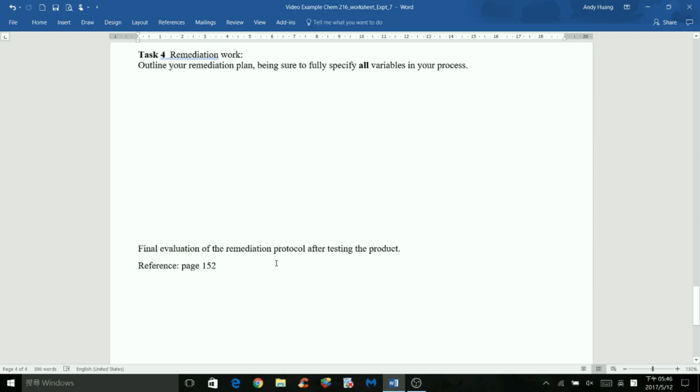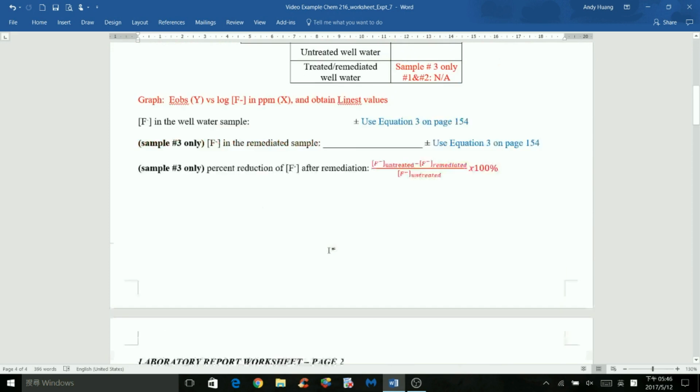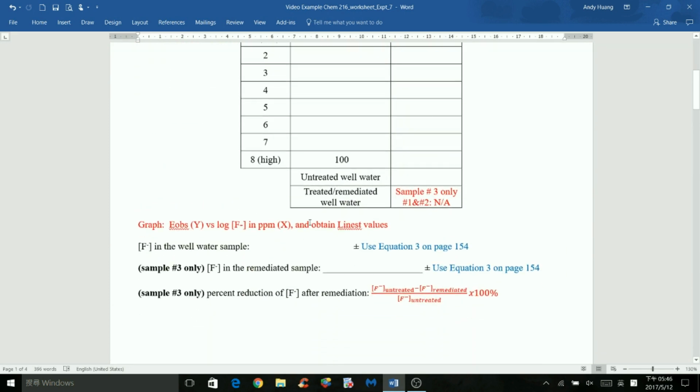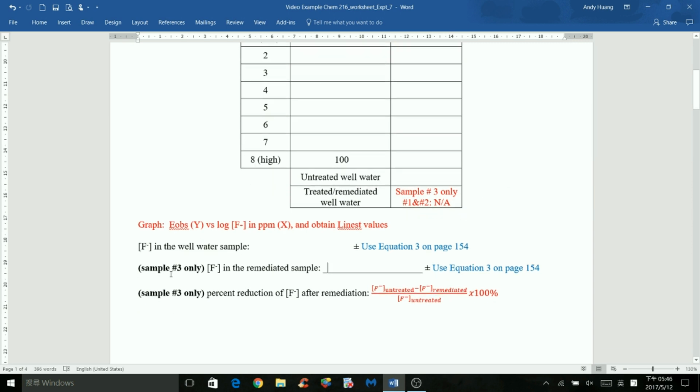So obviously for all the tasks, you found out the concentration of the specific ion in each task after it was remediated.